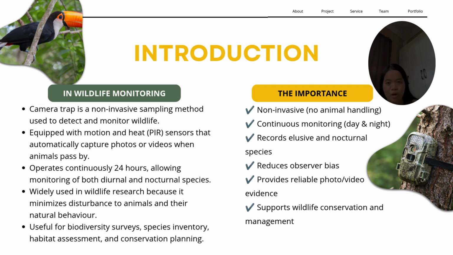In terms of their importance, camera traps are non-invasive, meaning they do not require handling or capturing animals. They also provide continuous monitoring, reduce observer bias, and produce reliable photo and video evidence. As a result, they play an important role in supporting wildlife conservation and management.